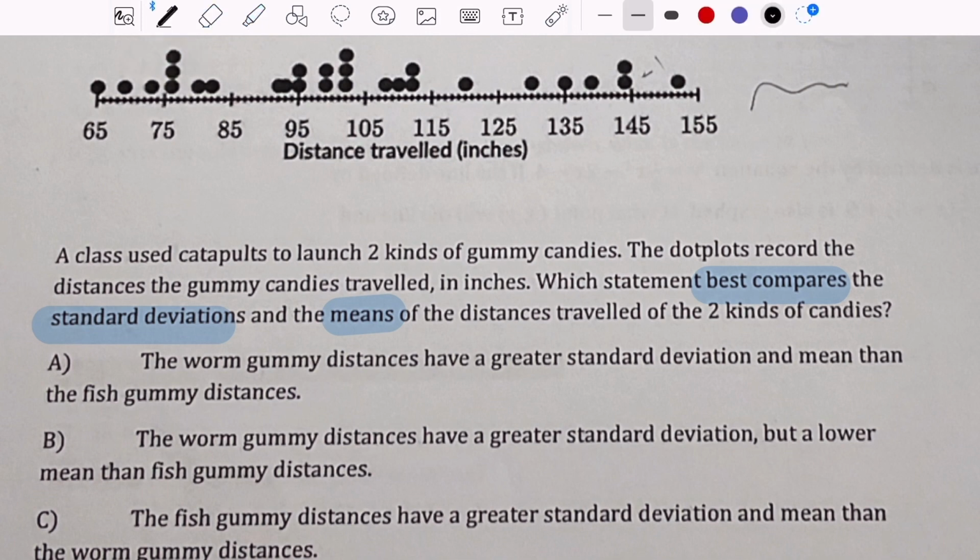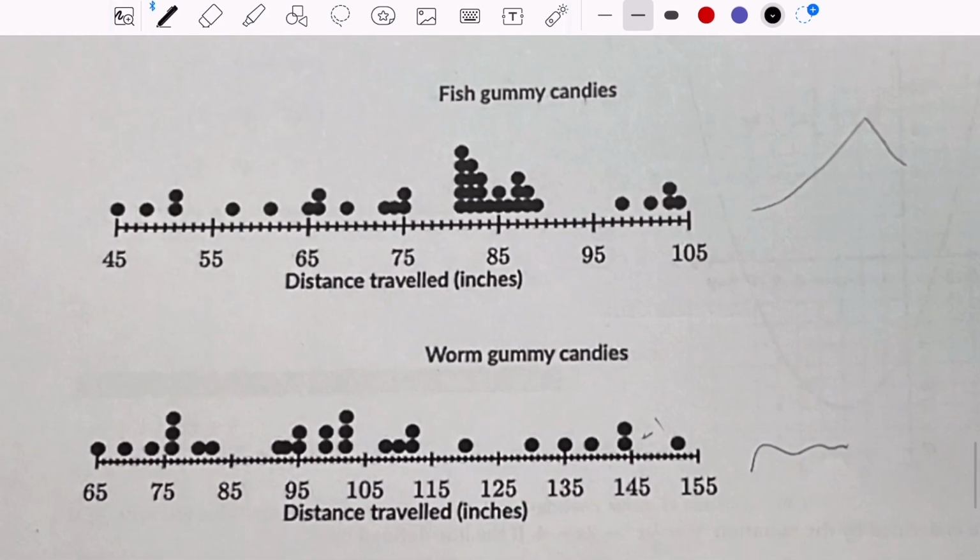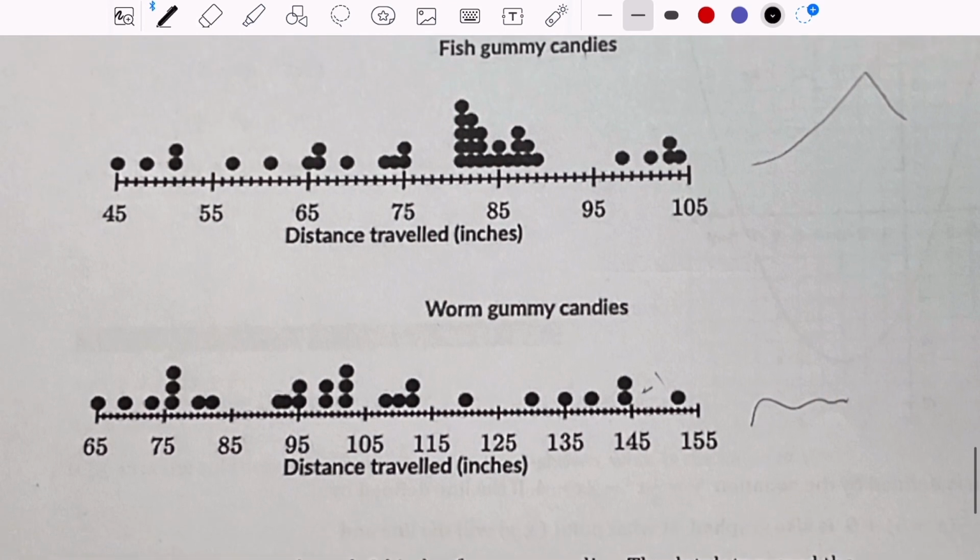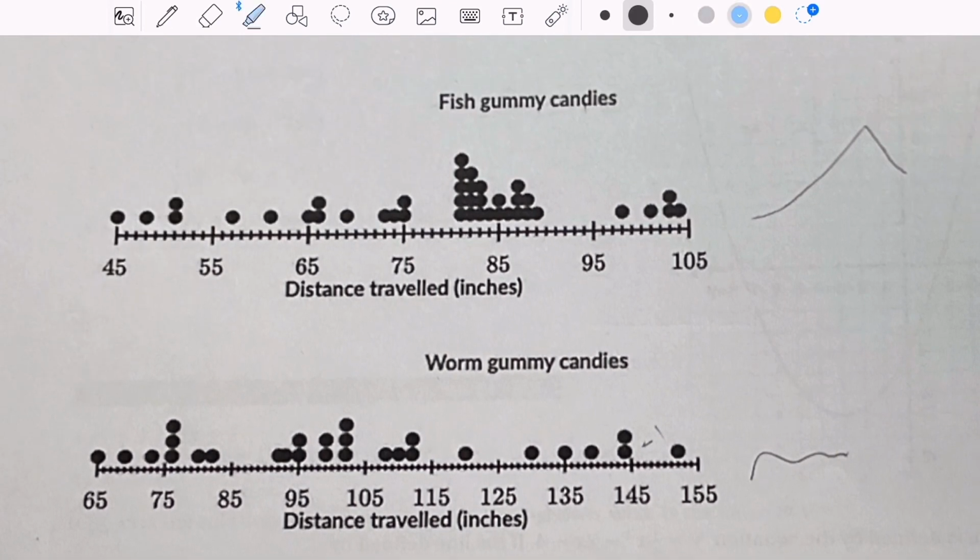First we have to find the standard deviation, and second the means. These are the graphs, the recorded dots, and if you roughly look at them, this one looks like this, and this one looks like this.